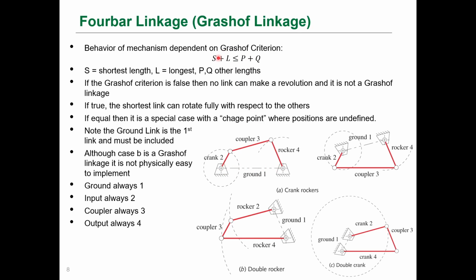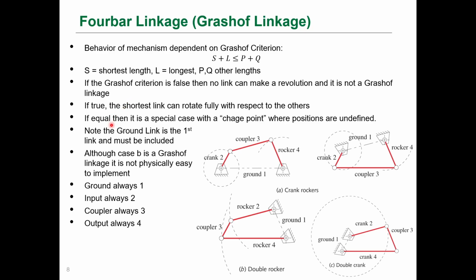Okay, so this says if this inequality is true, then the shortest link can be a crank and have full revolution. Okay, if it's false, then no link can make a revolution, and it's not a Grashof linkage.